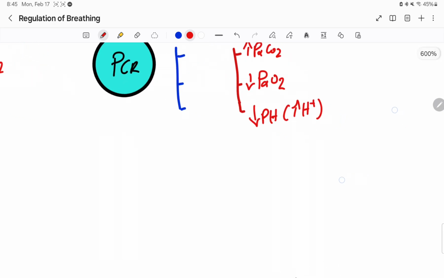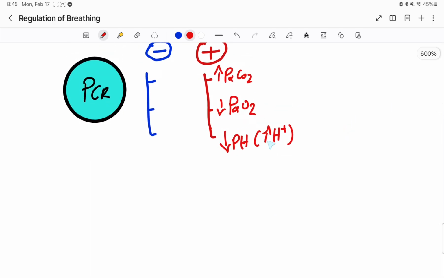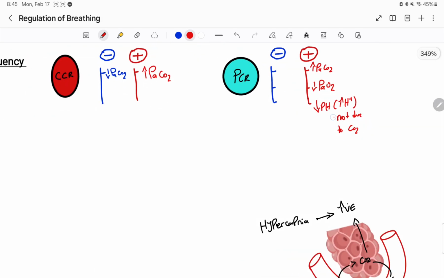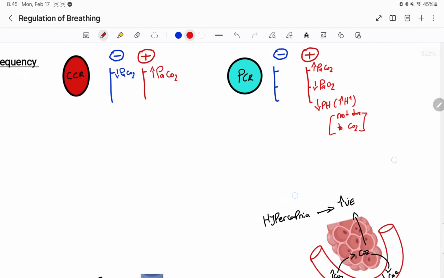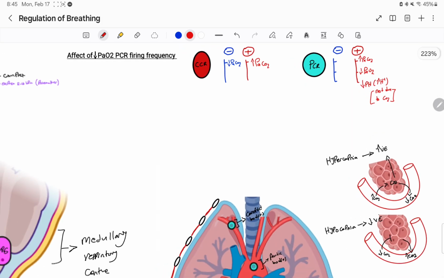Now, here's the thing. We'll talk about it when we get to the pathway again, but the high amount of protons is actually not due to CO2, okay? You might be thinking, what the hell is this? What are you even talking about, man? But I'll tell you what I mean once we get to it.